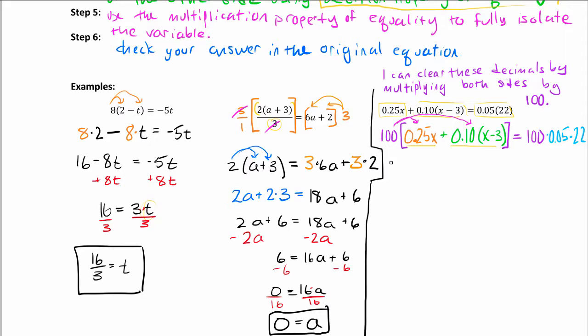So I have 100 times that first term, 0.25x, it's really easy to lose those decimals, plus 100 times 0.10 times x minus 3, and that whole thing is equal to, and I'm just going to rewrite this for now.